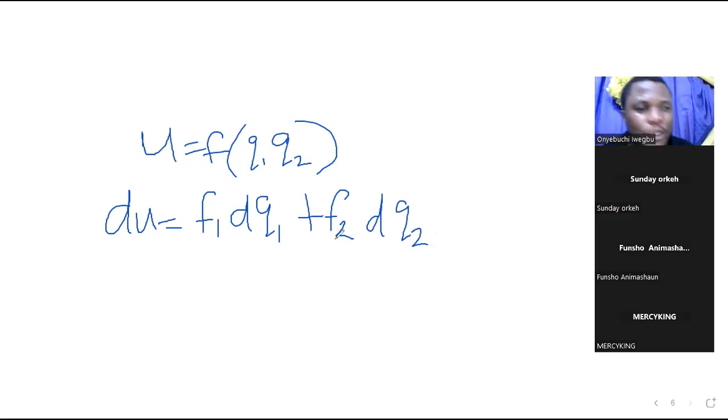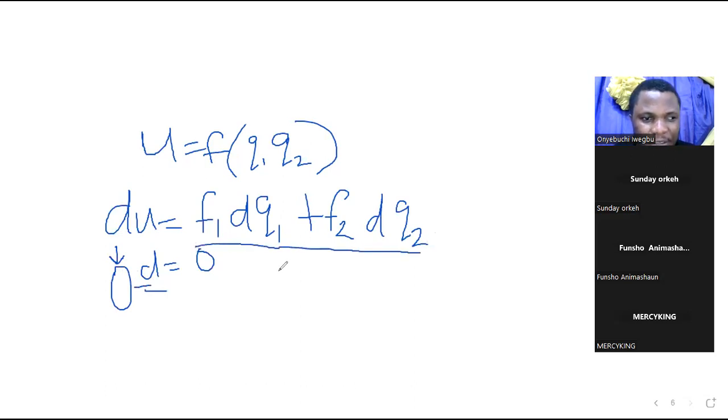So if my satisfaction does not change, that means dU will be equal to 0. And then this one becomes 0. So 0 will now be equal to, I will write all of this here. Then I will take one to one side, the other to the other side. If I do that, that means minus F2 dQ2 must be equal to F1 dQ1.